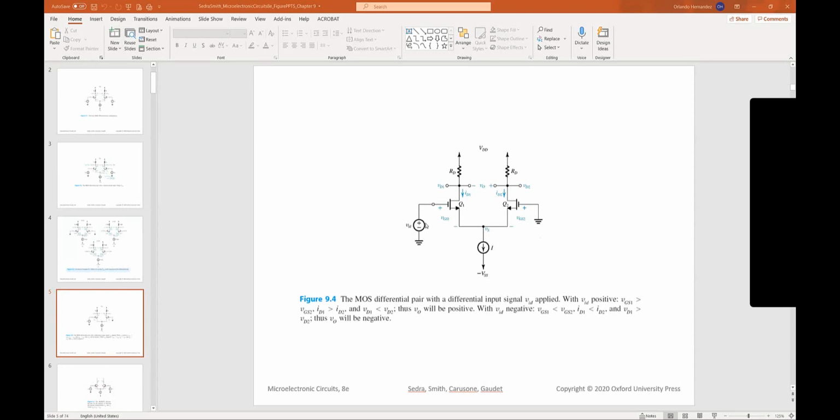And this is all the differential voltage because the input voltage at the gate of transistor 1 minus the input voltage at the gate of transistor 2 is the voltage at the gate of transistor 1, because we have the gate tied to ground at transistor 2. So we're going to make some important observations based on that.